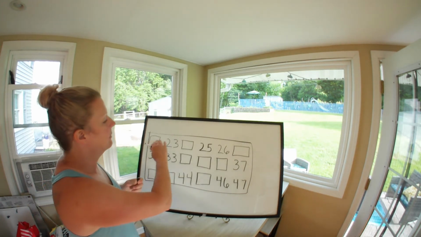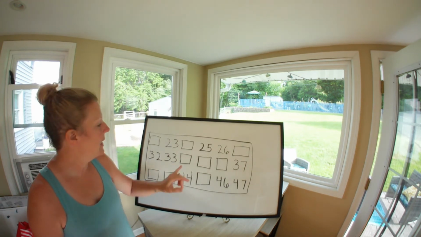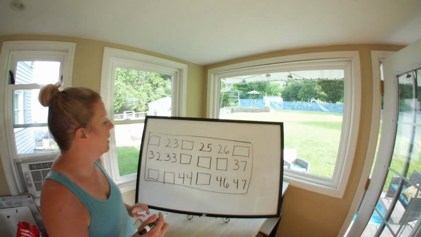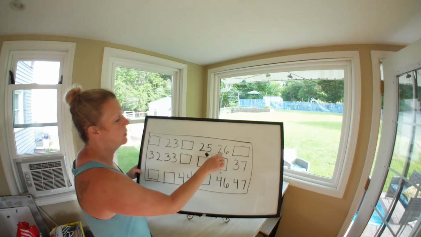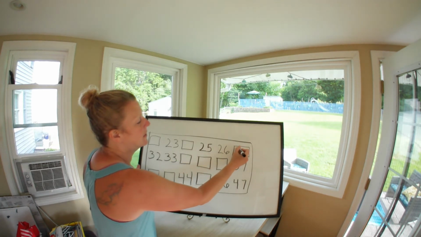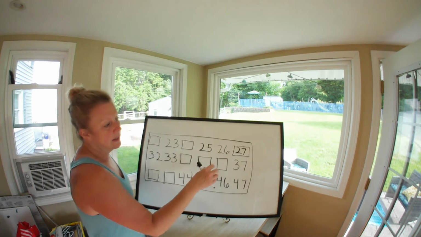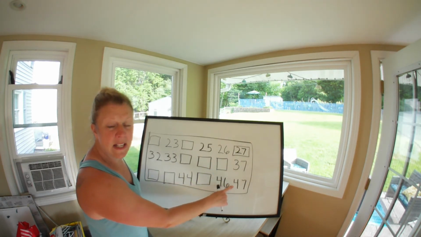So let's look at the first row. Do you see anything that you could possibly fill in? I'm thinking this one here and this one here are probably the easier ones, right? So if we counted 23, something, 25, 26, I'll bet you fill this one in 27, right? And let's check it. Let's look on this row. 27, 37, 47. That seems to fit, right?